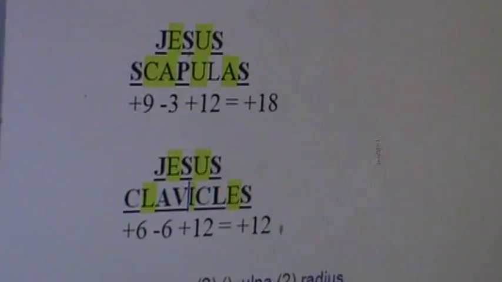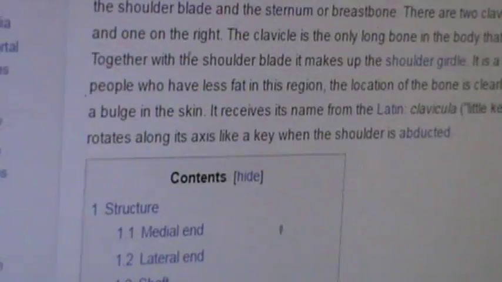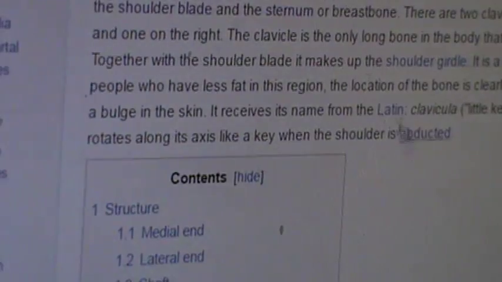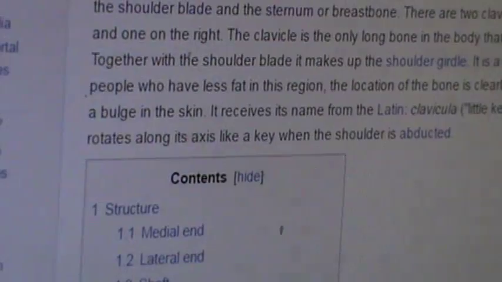What else are we going to find in our body? This is impressive. Impressive ordinance by God's sovereignty. The clavicle is the only long bone in the body that lies horizontally. Together with the shoulder blade, it makes up the shoulder girdle.